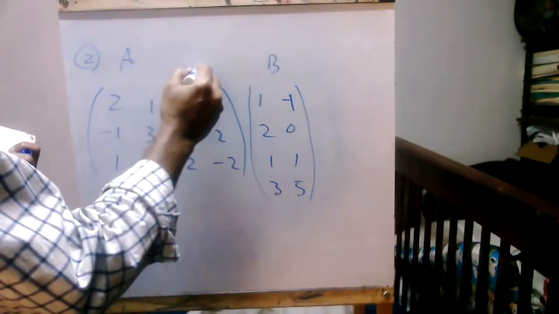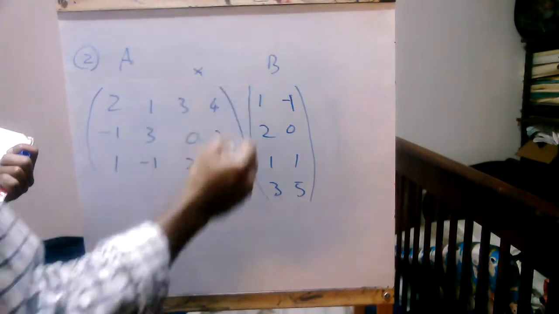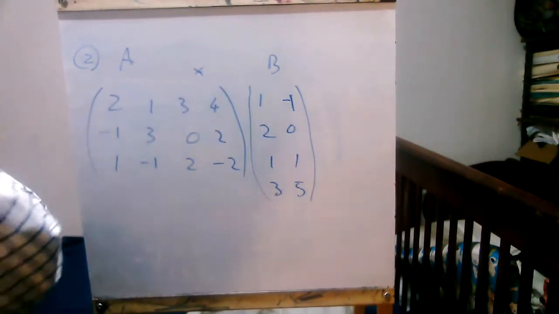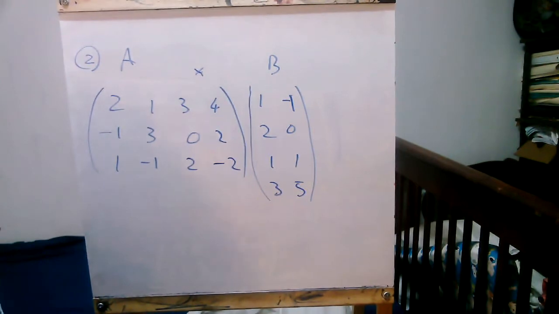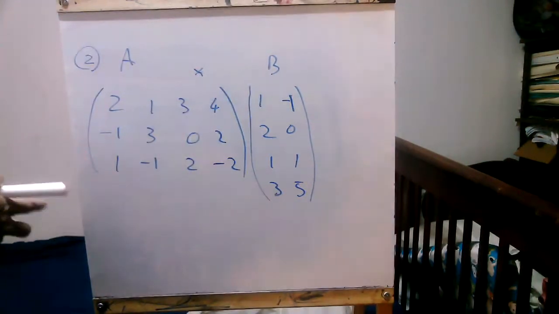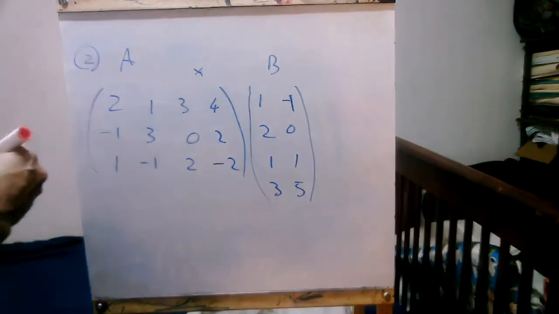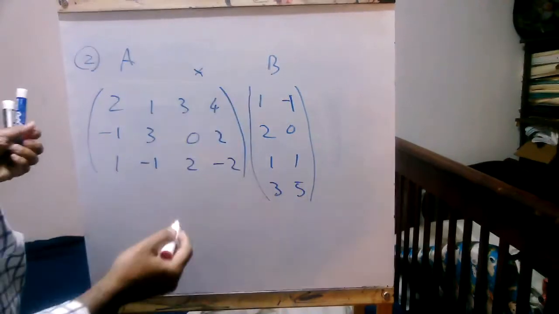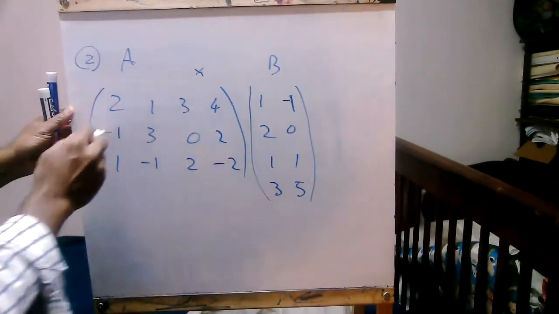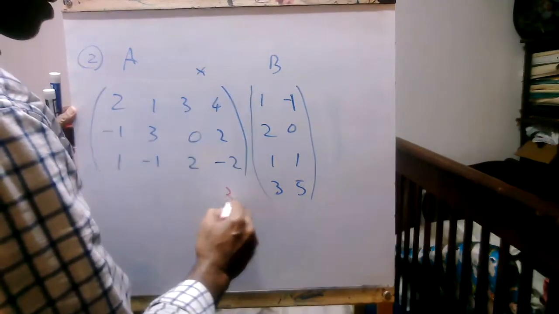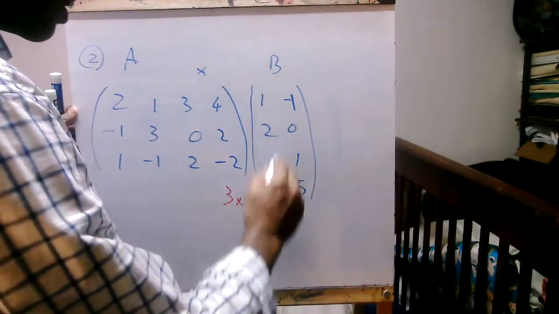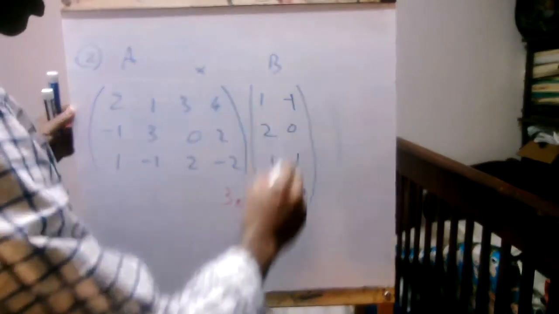We want to multiply A and B. What we do first, we check if it is doable. For that we check the sizes of these two matrices. This is 3 by 4. This is what? 4 by 2.